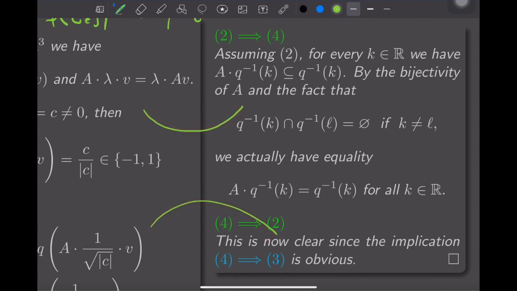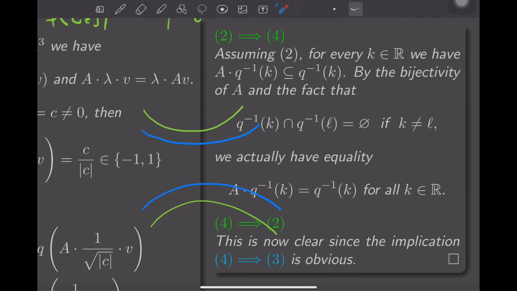Now, if I change the level set, again, A of this new level set is contained in the new level set.